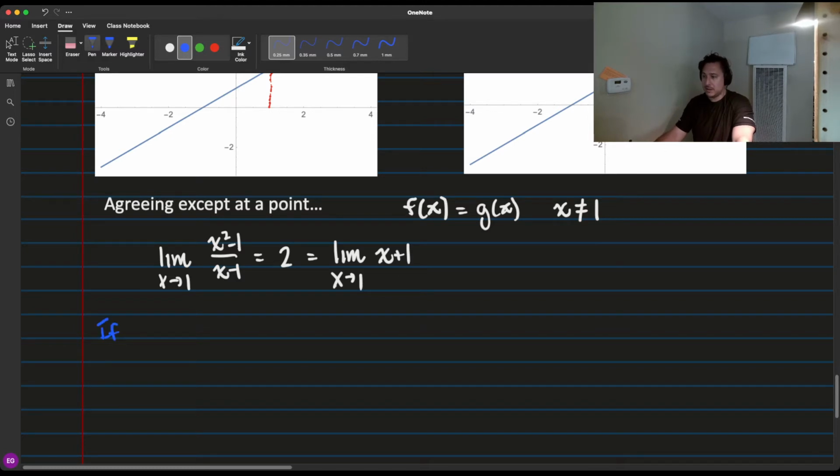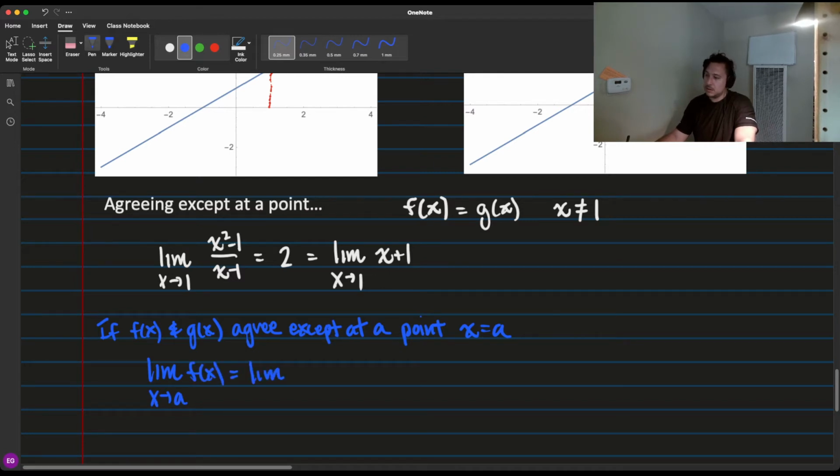If f of x and g of x agree except at a point a, x equals a, then their limits as x approaches a of these two functions are going to be equal to each other. Let's just say they're both equal to L.